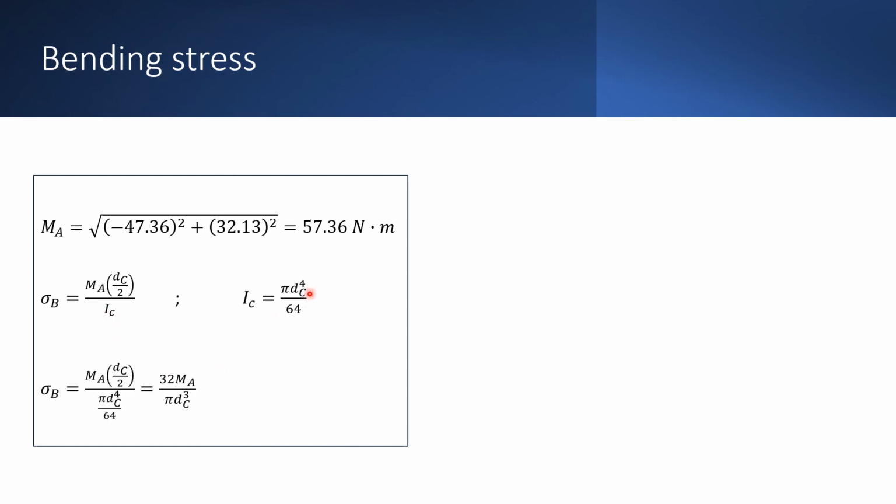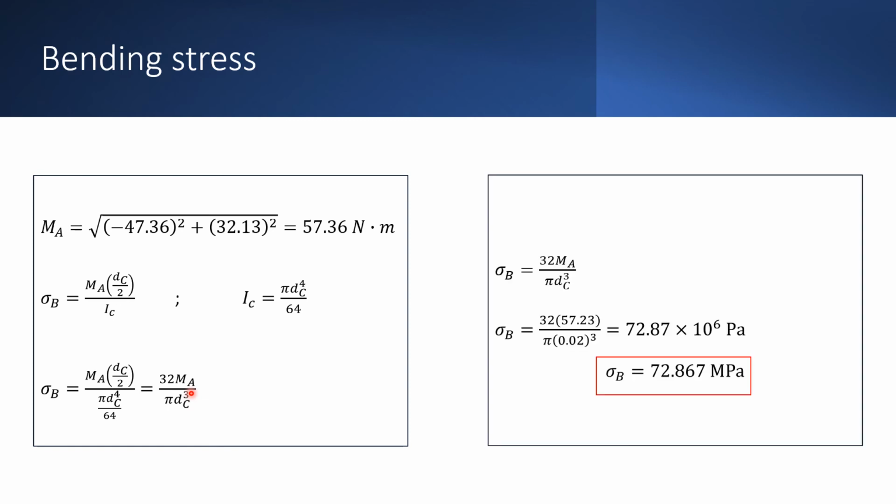Now we plug IC here and we simplify the equation for sigma B to be 32 MA over pi DC cubed. And now we plug all the values to the equation here, plug everything in, and we obtain the value of sigma B is equal to 72.867 MPa.